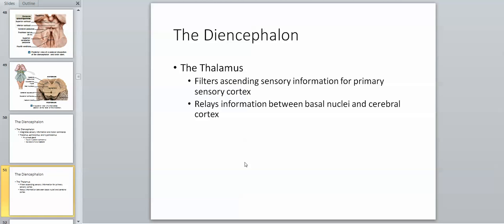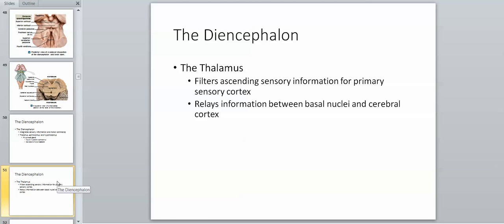For example, the retina, which is the sensory part of the eye, back to the occipital cortex where the visual areas are in the brain. We're also going to see that it relays information between these basal nuclei that we talked about earlier and the cerebral cortex as well. So there's several areas of thalamus that are specialized to do certain things.